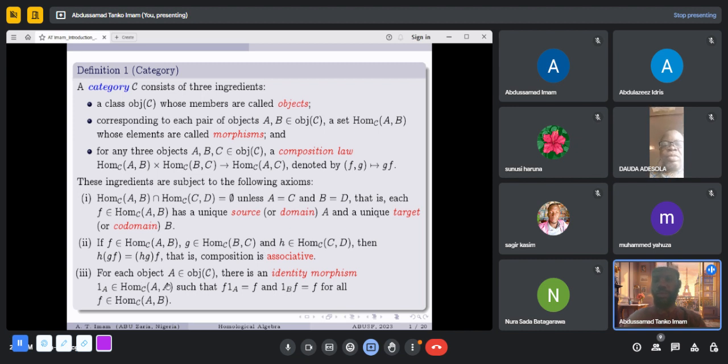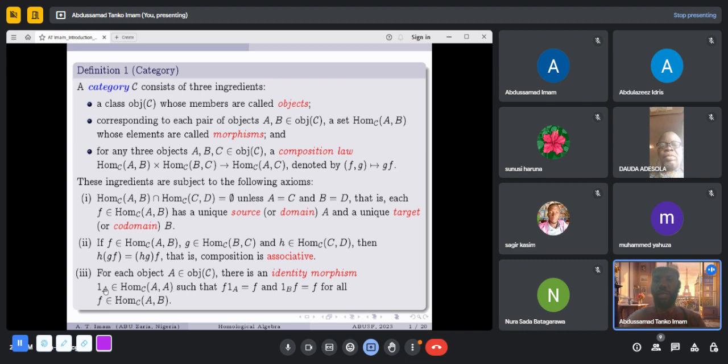And then we also talk about the third requirement, the third axiom, which is the fact that corresponding to every object, there should be a unique morphism called the identity morphism. Think of it: if the object is a set, then you are saying that there is an identity mapping from the set into itself.